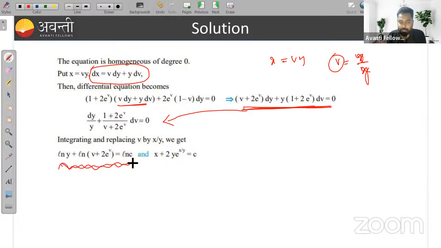After getting this equation, just replace v is equal to x by y. After replacing, what you are getting is the solution. Clear to everyone? You can try also in your copy.